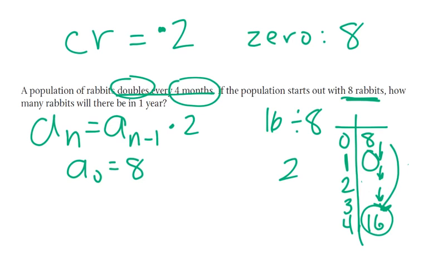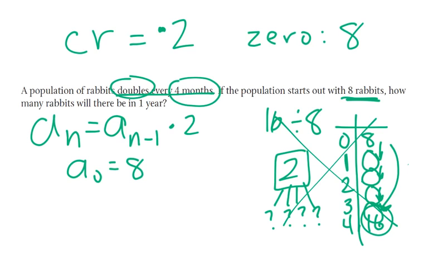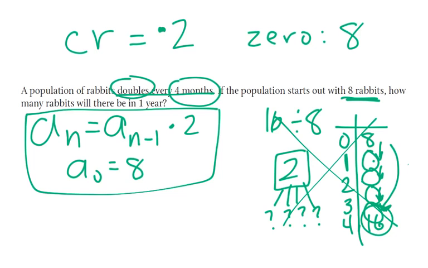Well, in 1, 2, 3, 4 months, I got to split that 2 into 4 pieces. In other words, what times what times what times what would get me to double that? But we won't worry about that part so much right now. We'll just worry about it in this manner. We'll deal with that at a later time.